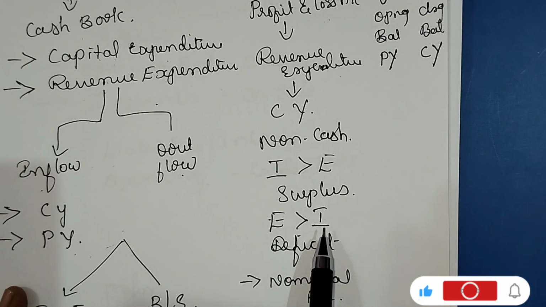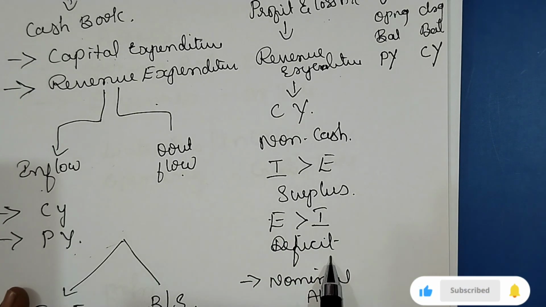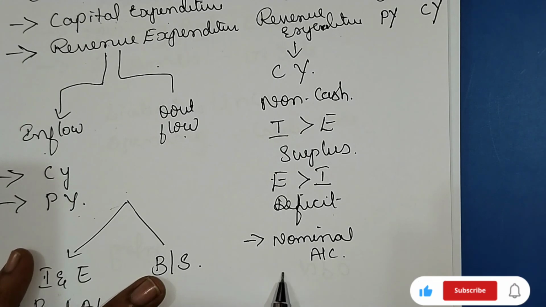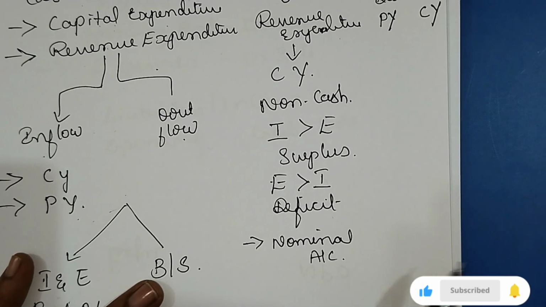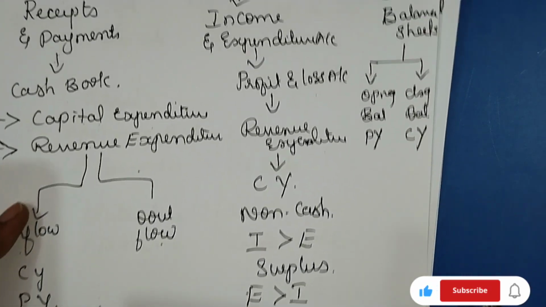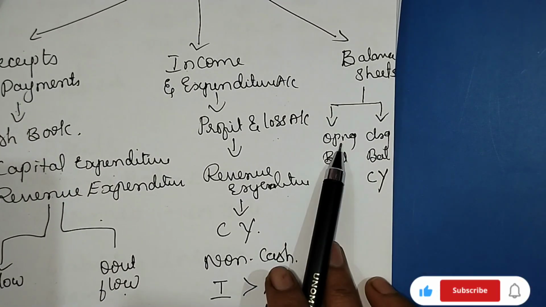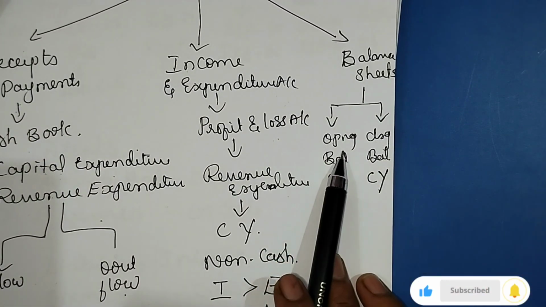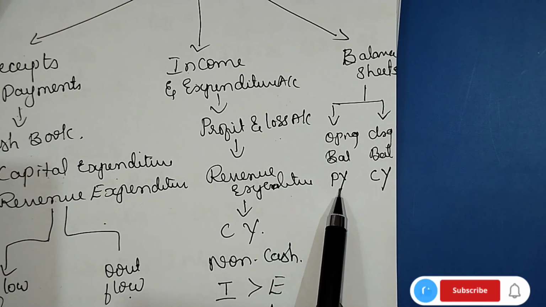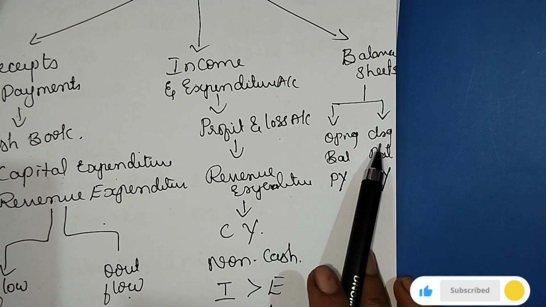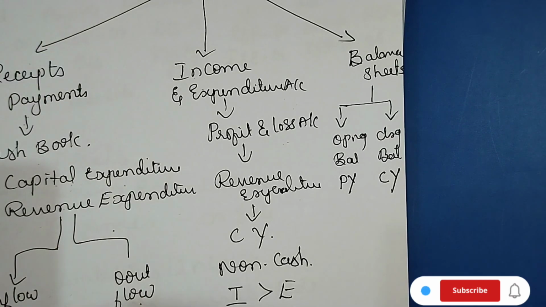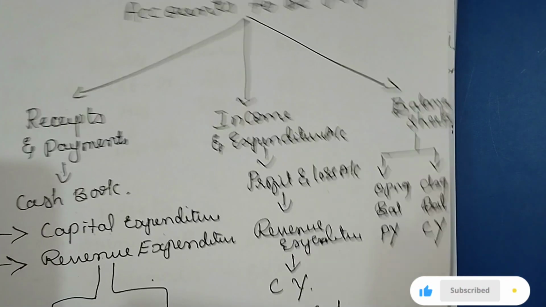When expenses exceed the income, it is called deficit. And it serves the purpose of the nominal account. And two balance sheets we are preparing here: one is opening balance sheet for the previous year and closing balance sheet for the current year.